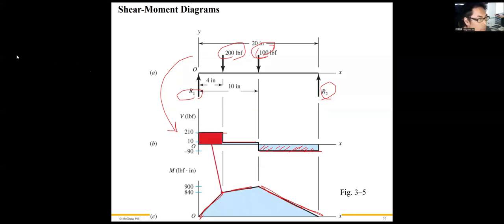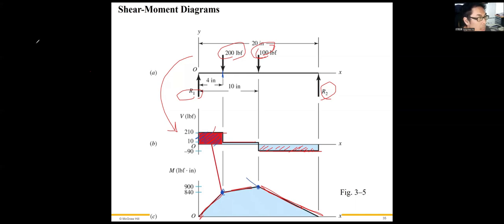Okay, so we can calculate the area. That's why I mentioned previously we can calculate the area, right? This area equals the value of the moment at this point. So what is the maximum moment? It's right here, right?